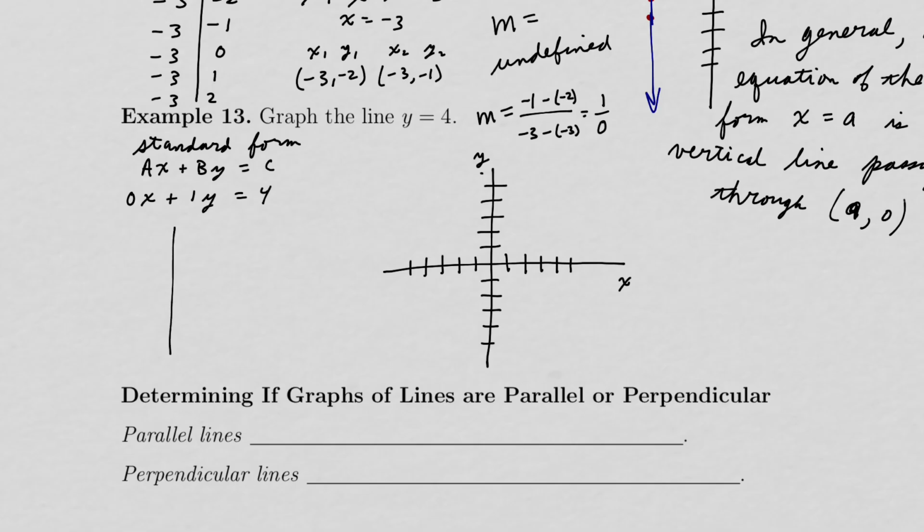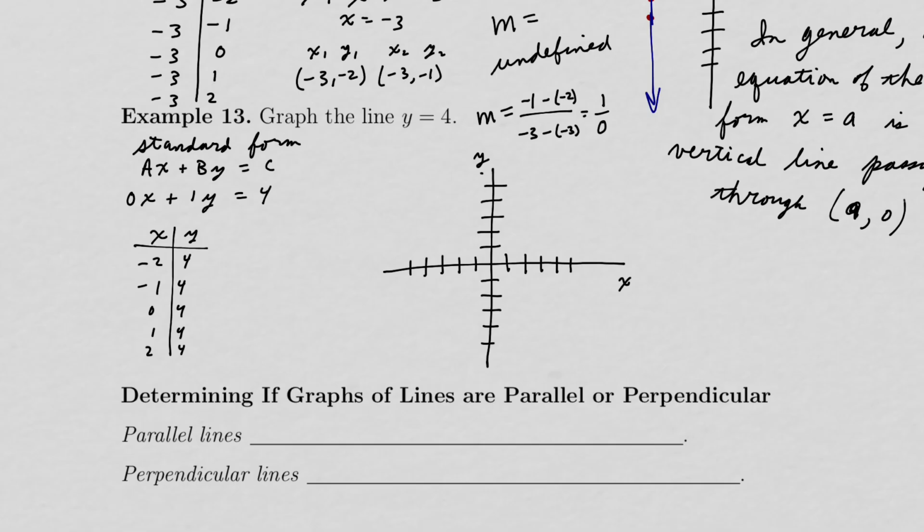And now it doesn't matter what I choose for my x values. I'll just do negative 2, negative 1, 0, 1, 2, just a few of them. If you plug those in, because I have 0 times x, it's always going to give me 0. And then when I get my solution, I have y equals 4. It's always going to be y equals 4 for my solution here. So if I plot those points, negative 2 comma 4, I go to the left 2 and up 4.